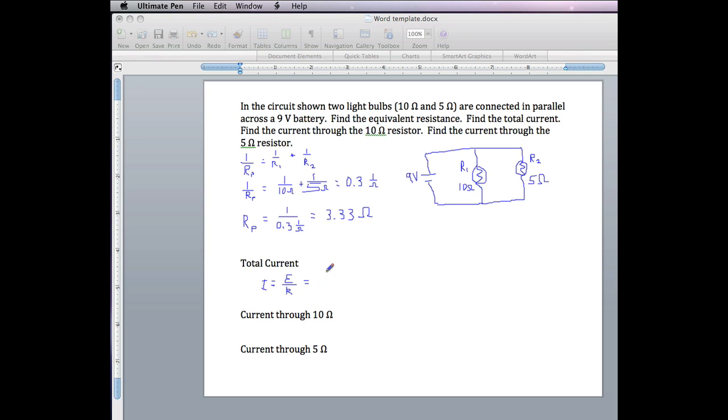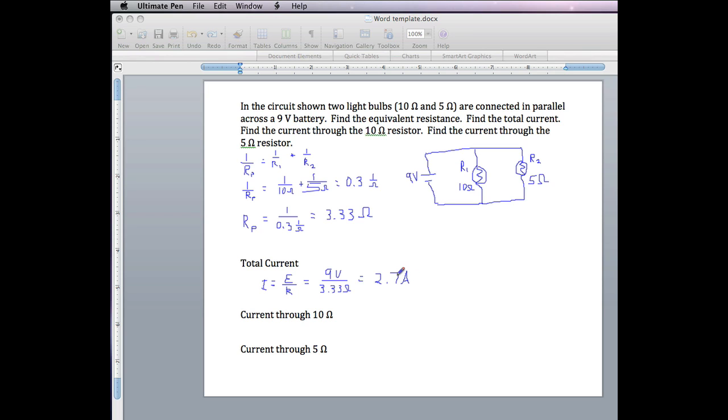The electromotive force in the circuit is 9 volts. And the equivalent resistance in the whole circuit is 3.33 ohms. And if we round off our answer, we get 2.7 amps.